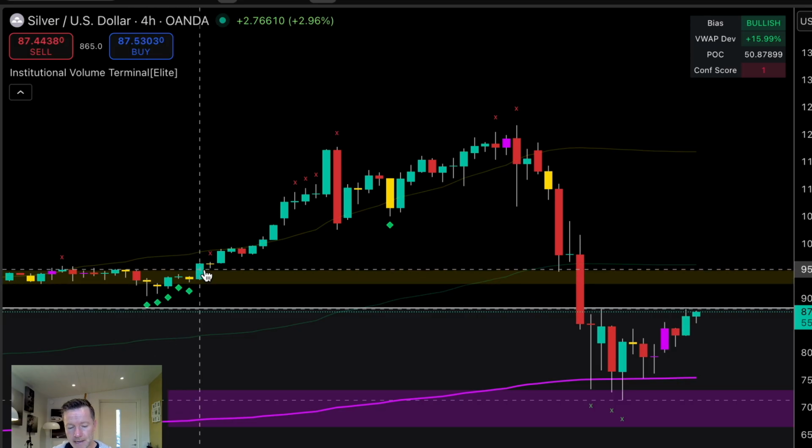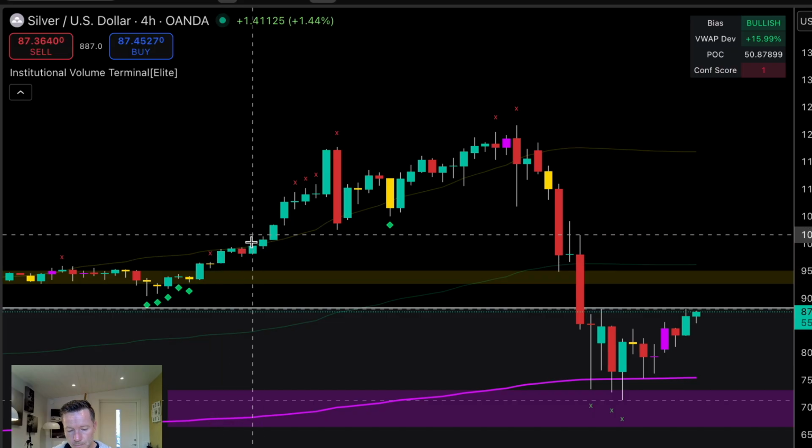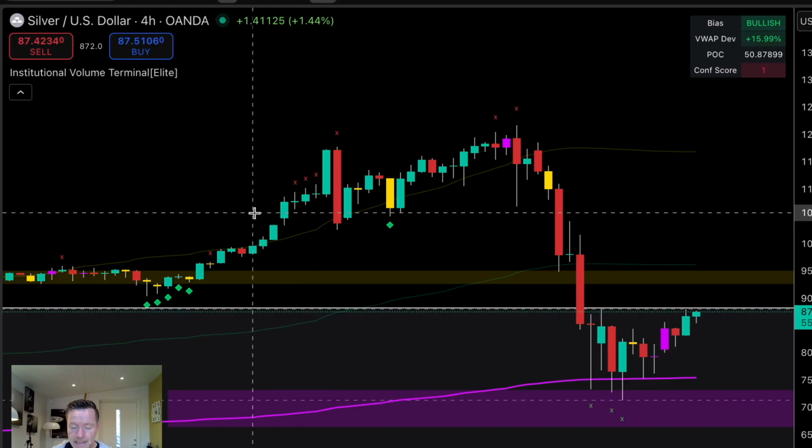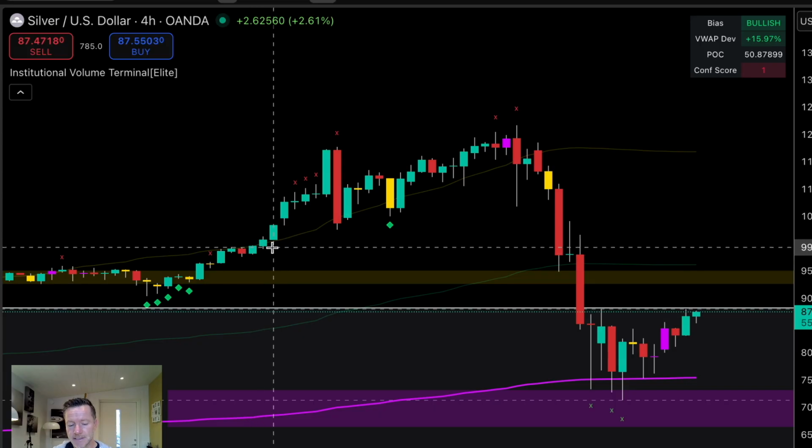We break out and we even break out of the second deviation band from the VWAP. And that means that you need to be careful. You need to lock in some profits. On the second deviation band, I would probably lock in 66% of my trade and then just let the rest ride.